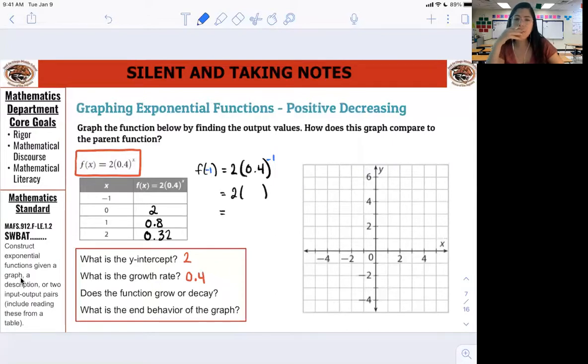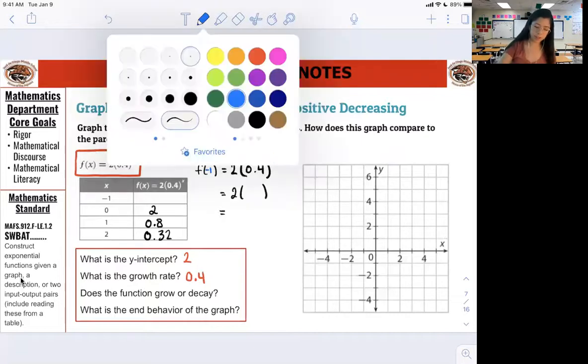Remind me again, what happens when you have a negative exponent? What happens to the number itself? It becomes a fraction. So the 0.4, where does it go? To the denominator.